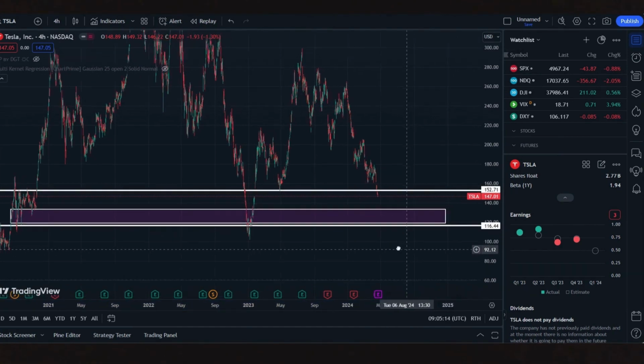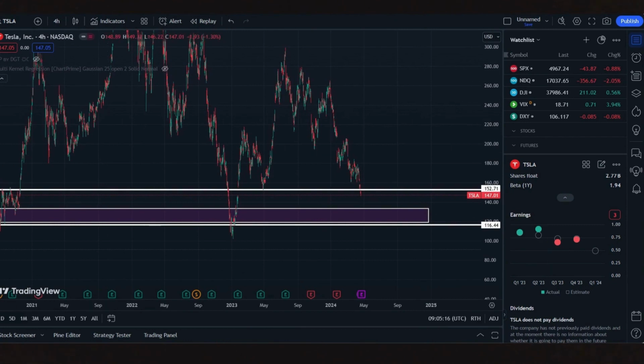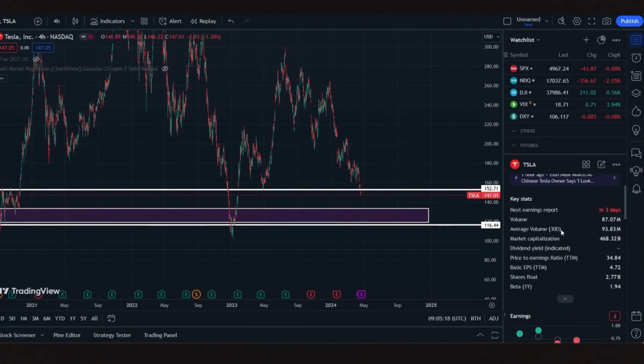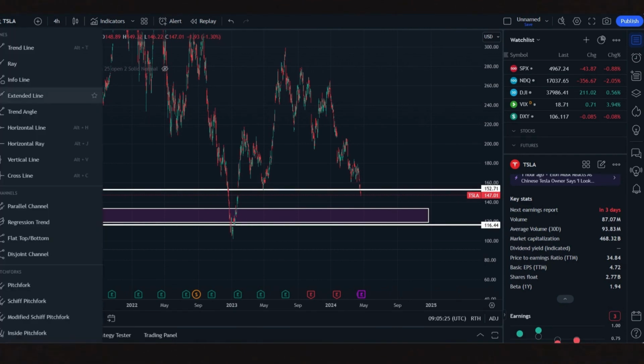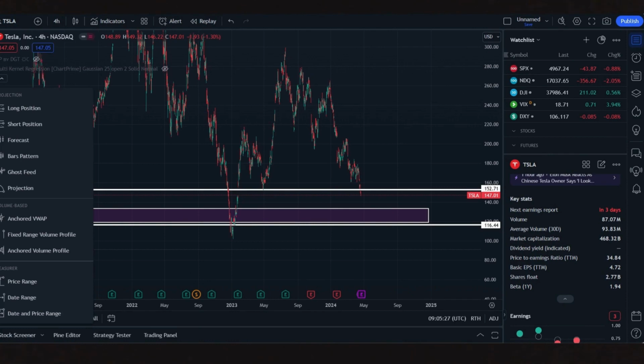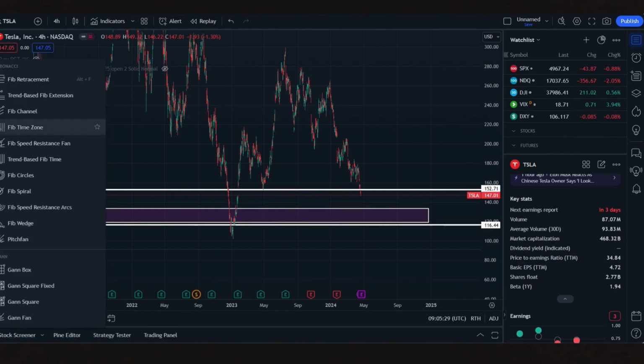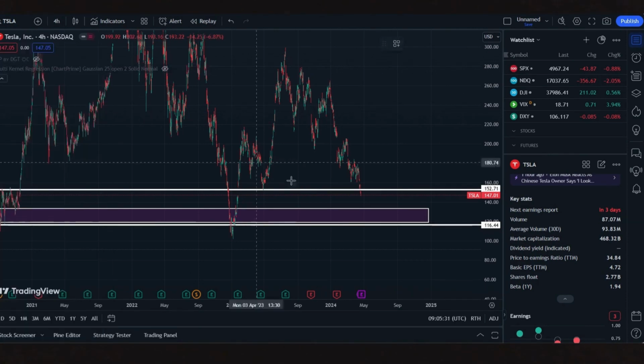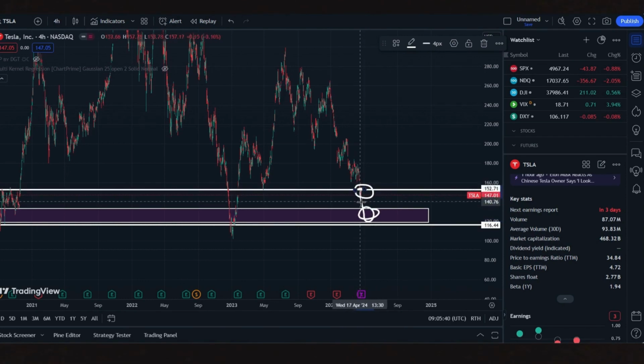But what I believe can happen right now, because we are waiting for our next earnings report in 3 days, is that Tesla's price can make some various moves, and I will show you right now on the chart. Tesla's price can touch down at these prices, can come here, or here is a good level, and do some consolidations in lower time frames, not 4 hours.